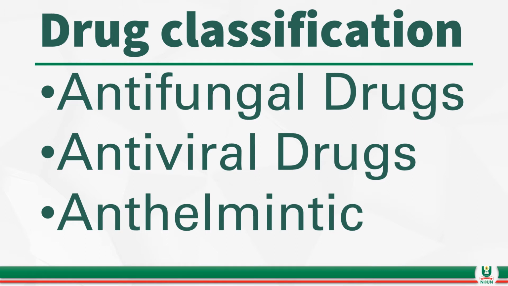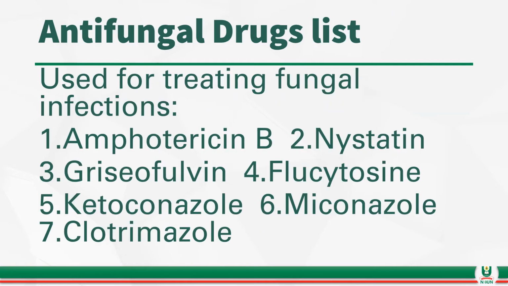So how do we classify these drugs? We classify them under antifungal drugs, antiviral drugs, and antihelmintic drugs. This is the way we classify them into these 3 classes. So let's look at the antifungal drug list. What is antifungal?